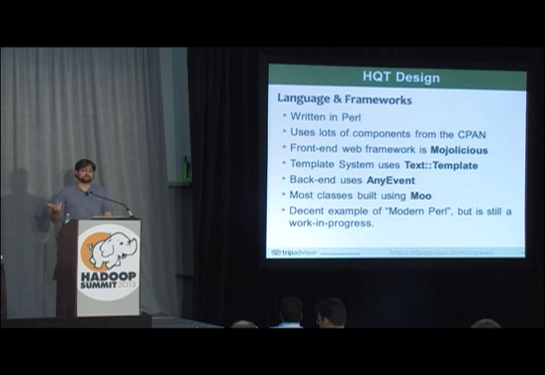The front-end web framework is something called Mojolicious, which is actually really pleasant, and I'm not a web dev, but it made me like it. The template system uses something called Text::Template, which allows you to basically inject arbitrary Perl code into a namespace, evaluate a template within that namespace, and the template basically will contain functions.